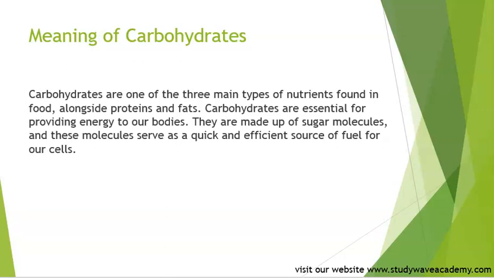They are made up of sugar molecules, and these molecules serve as a quick, efficient source of fuel for our cells. So we are going to be looking at the categories of carbohydrates.